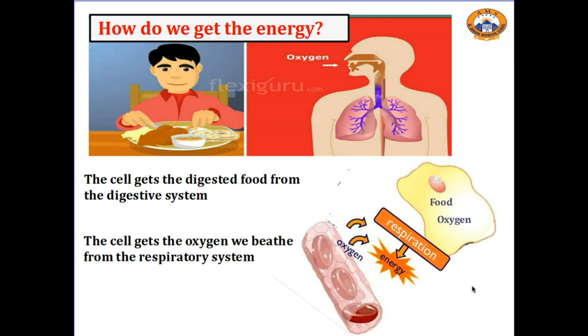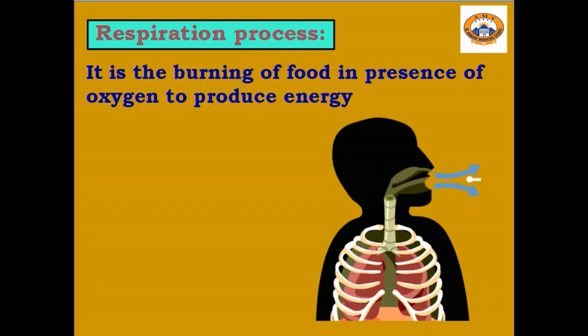So what is the respiration process? It is a process where the food changes into energy in presence of oxygen. The oxygen must be present. Again, what is the respiration process? It is the changing or the burning of food in presence of oxygen to produce the energy.